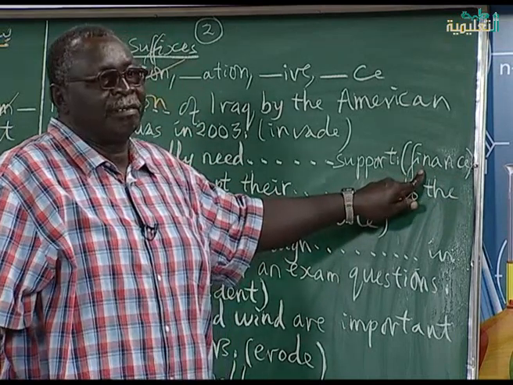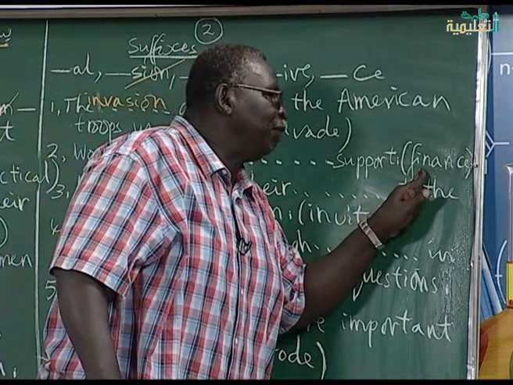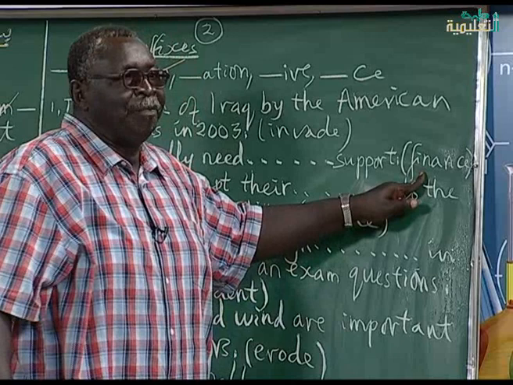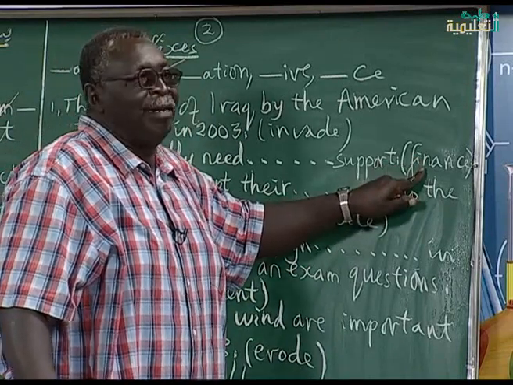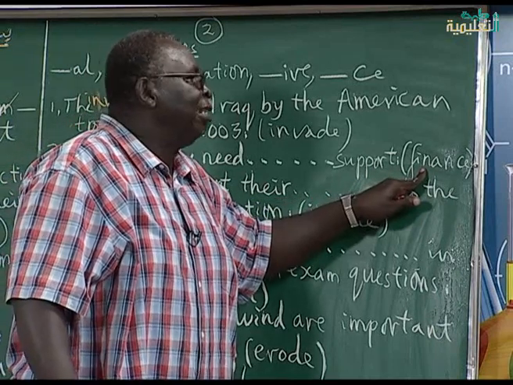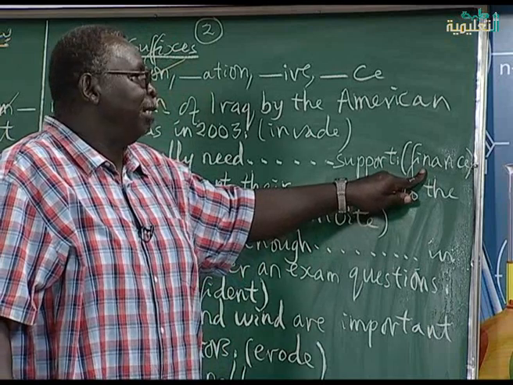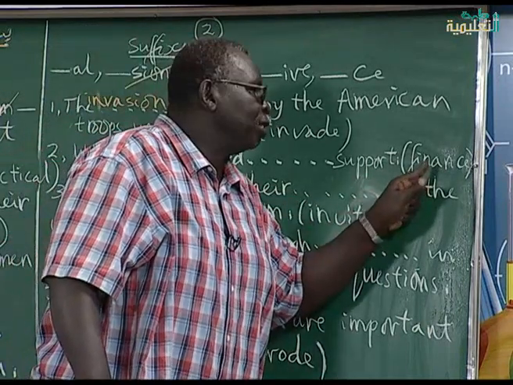Finance has two options: either to be a noun or to be a verb. Finance as a verb means to fund. Finance as a noun means money. You say, Usman is going to finance his son's study outside Sudan. Usman is going to give his son finance to study outside Sudan.